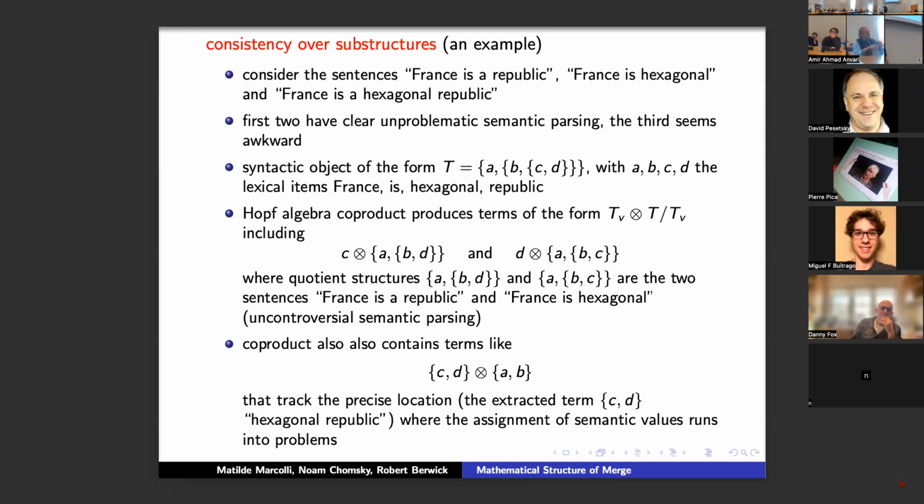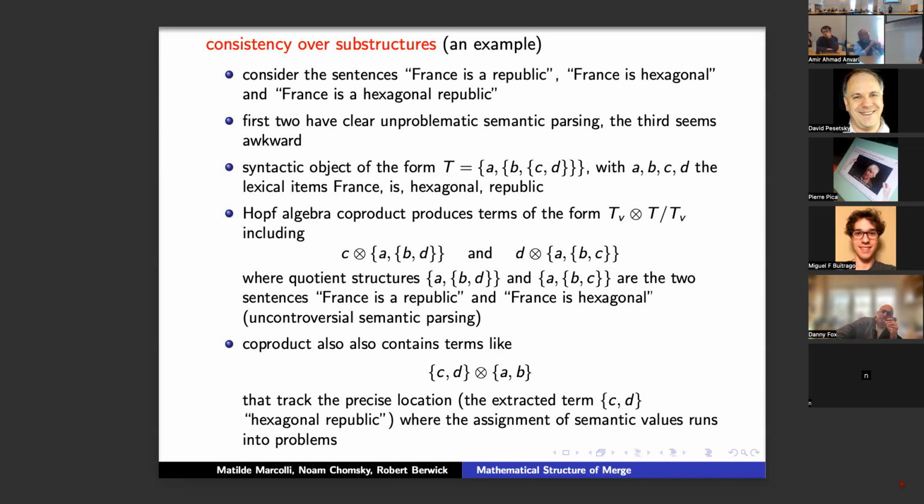If I say France is hexagonal, we all understand what that means, right? And if I put these 2 things together and say that France is a hexagonal republic, it sounds funny. It sounds funny because there's some kind of mismatch between these 2 parsings, because we think that a polygonal shape is not an attribute of a form of governance.